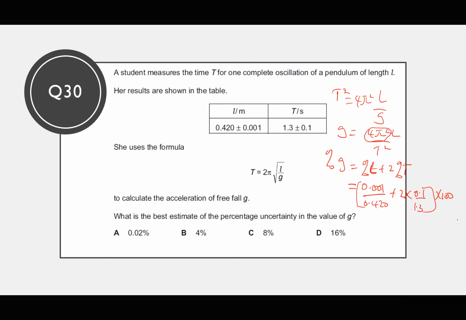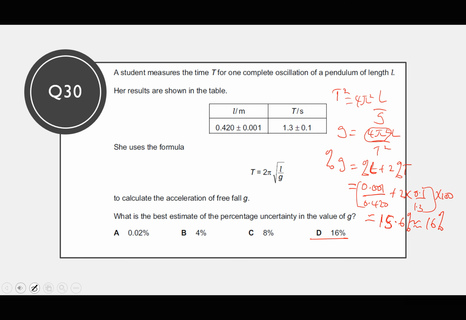So the answer is 16%. Oh, this is 15.6, which is approximately 16%. So the correct answer there would be D.